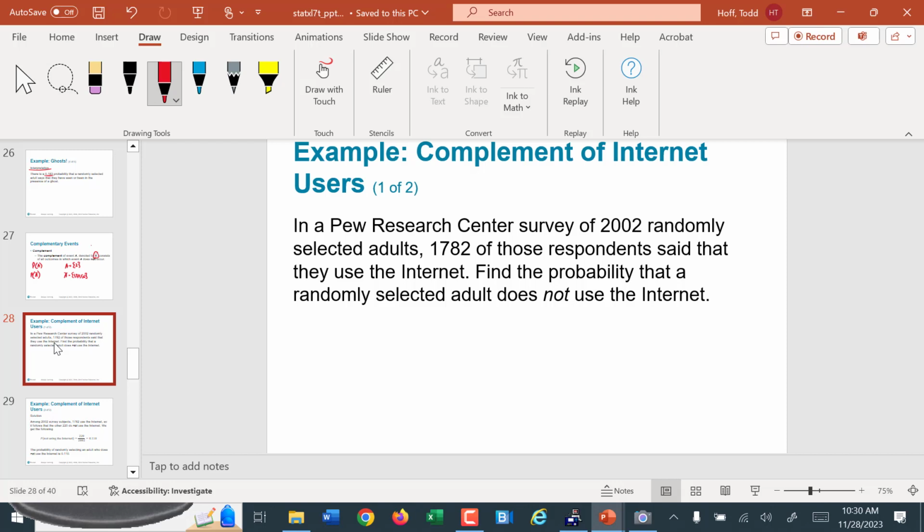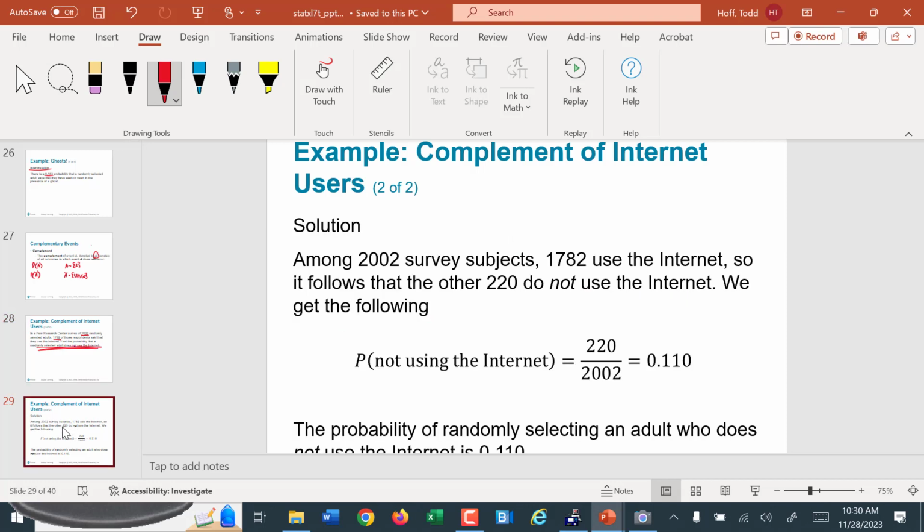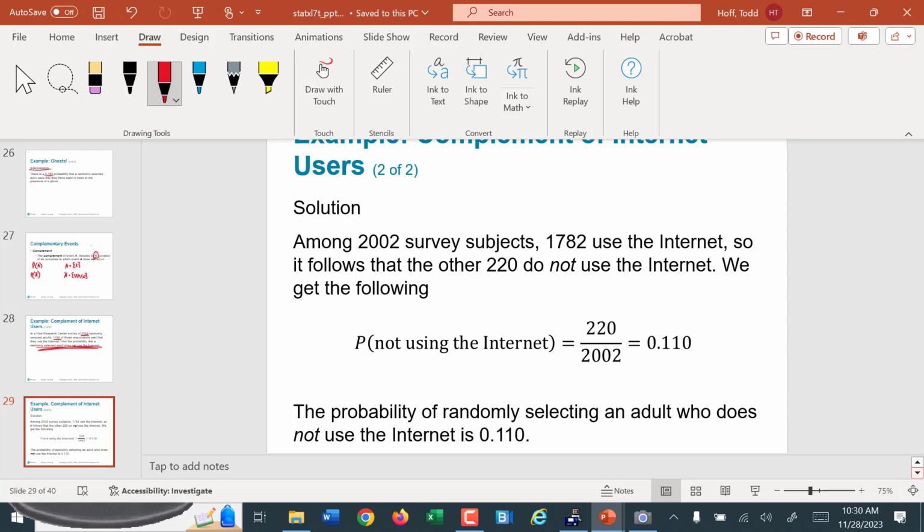Let's say, looking back to the Pew Research, we have a sample of 2002 adults randomly selected. 1,782 of them respond that they use the internet. We want to find the probability that a randomly selected adult does not use the internet. So there's two ways we can handle this. We could subtract in our raw numbers, our raw frequencies.